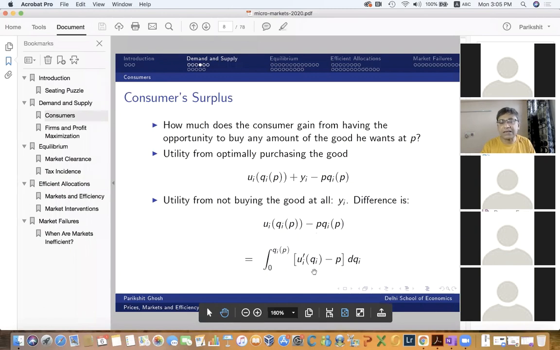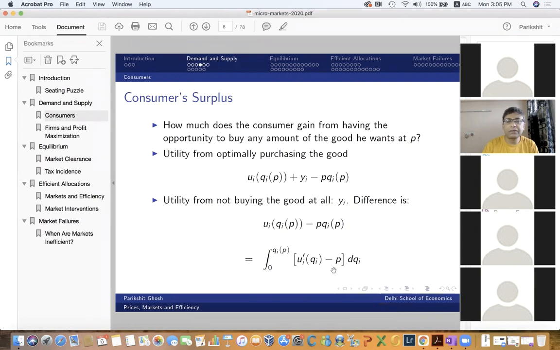So in other words, this line and this line are the same. This is the derivative of this function integrated from 0 to the relevant point, which is the point of purchase, right? So if I differentiate and then integrate again, I get back what I had to begin with, which explains this equality. All right. Now, once you look at this last line, there's a nice diagrammatic way to understand it.